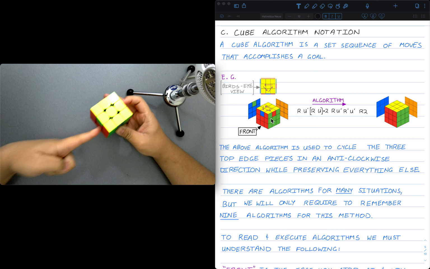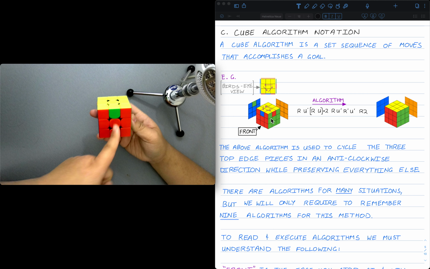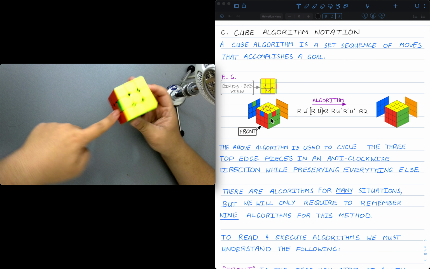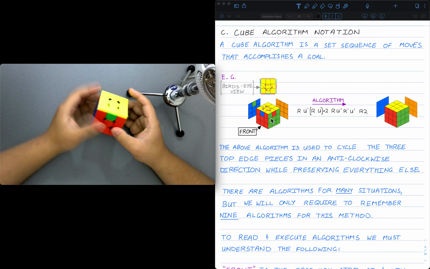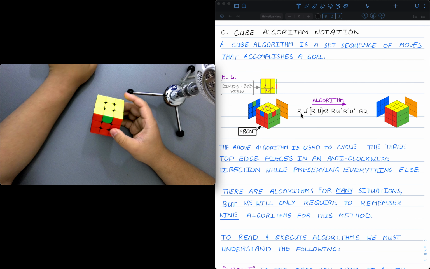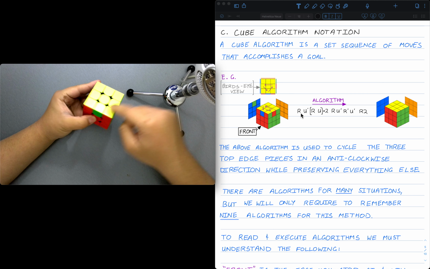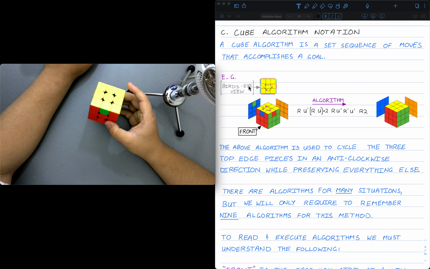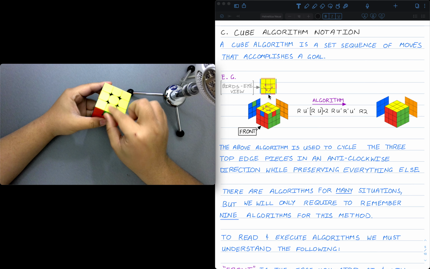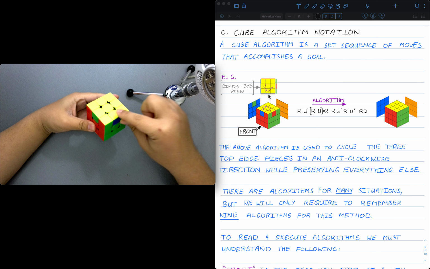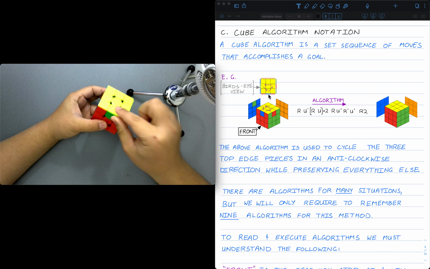We're going to call this front, so I'm going to look at it like this. Then I'm going to do that algorithm, and because I know it's in this set position, it will definitely move this piece here, this piece here, and this piece here.